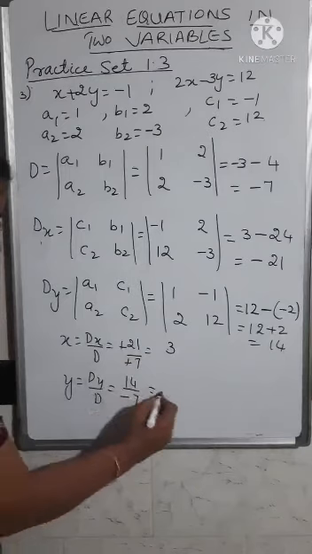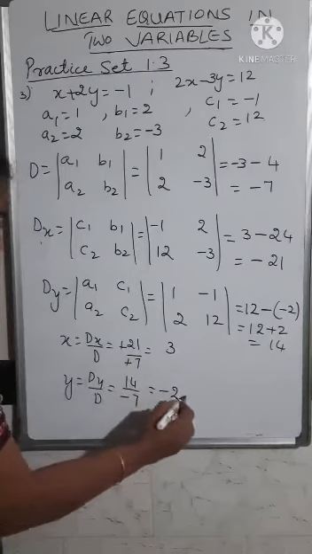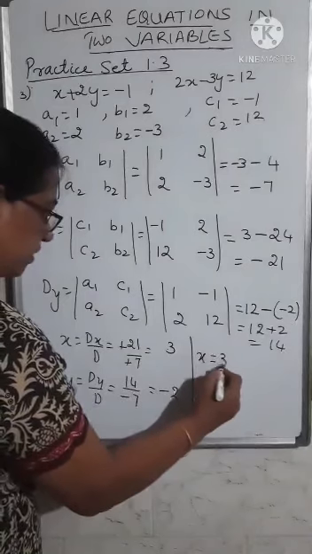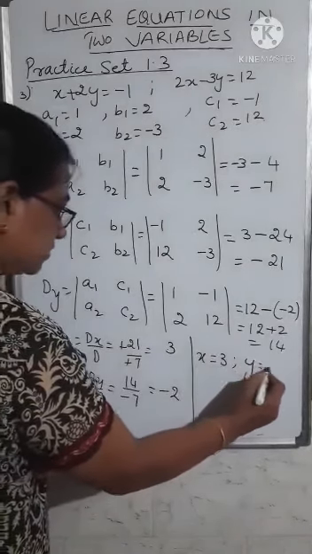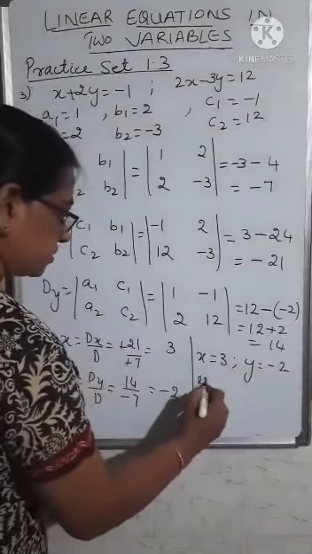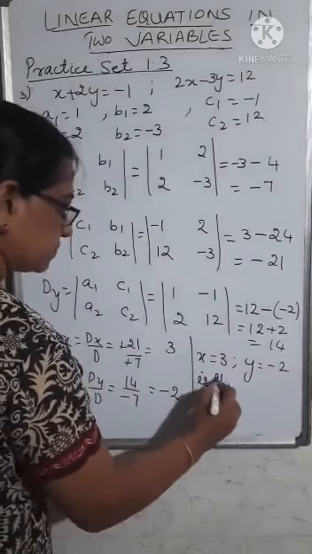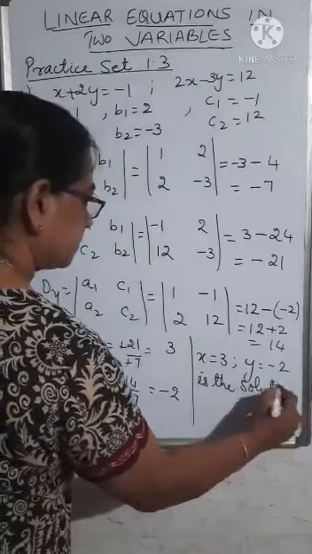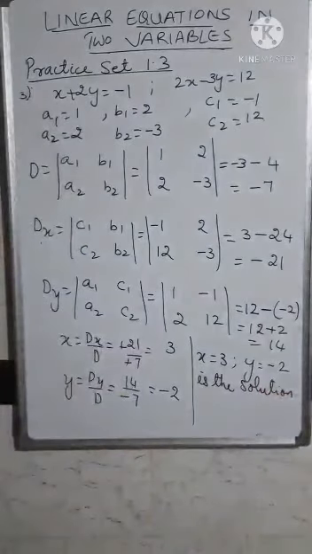So plus upon minus is minus, 7 2s are 14. So therefore x is equal to 3 and y is equal to minus 2 is the solution of the equation. So this is how you have to work out the problem.